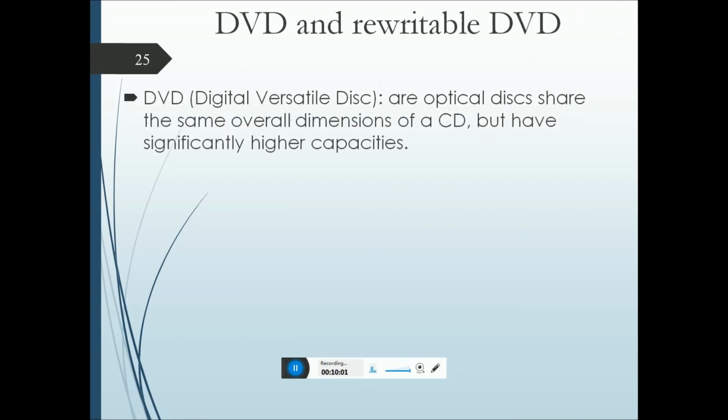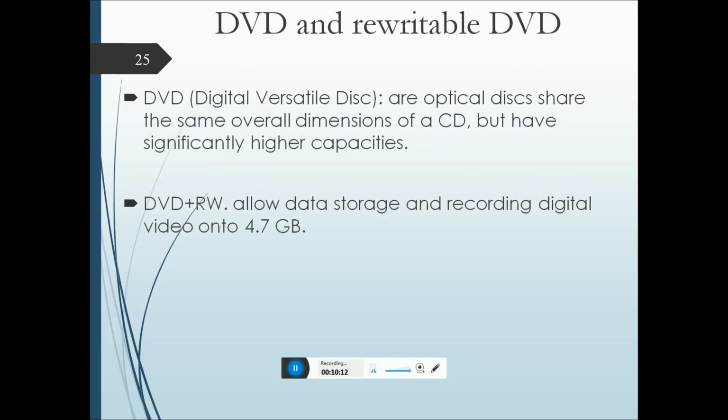DVDs and rewritable DVDs, digital versatile discs, are optical discs that share the same physical dimensions as a CD but have significantly higher capacity, 4.5 GB or 4.7 GB. However, rewritable is still in its infancy for storage.